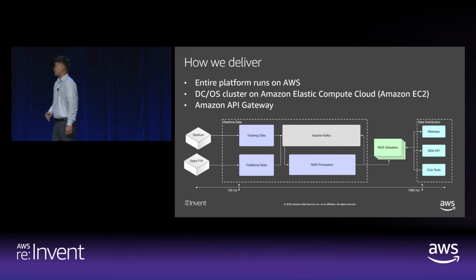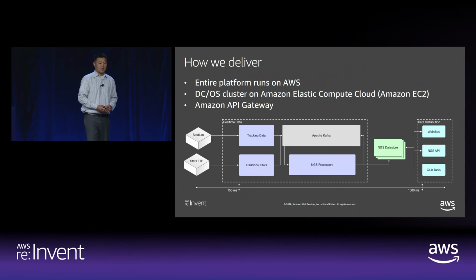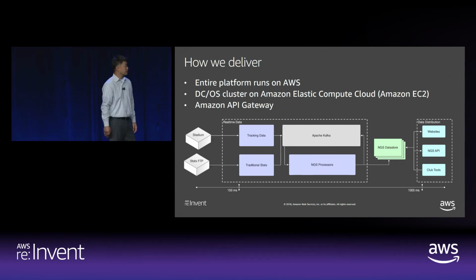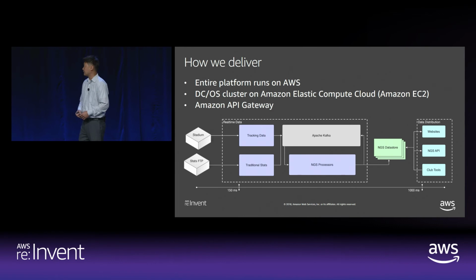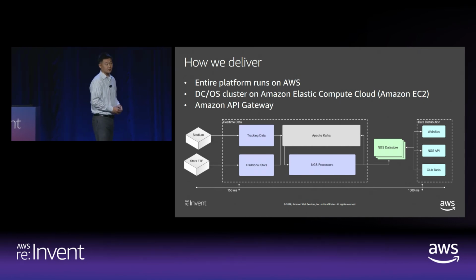Here's a diagram of how we deliver next-gen stats to our fans. Everything that we do is deployed on AWS. As inputs to our platform, we have the tracking data that's coming from the stadiums, and we have the traditional stats, the box score and the play-by-play. We run a DCOS cluster on about 30 EC2 instances that are configured in an autoscale configuration, and we use Kafka as our message broker.